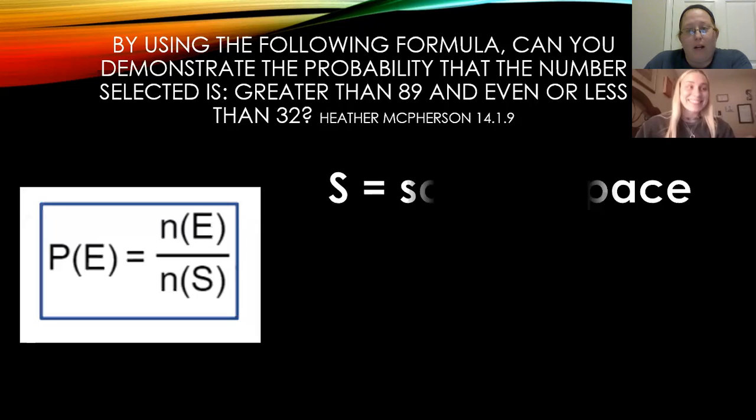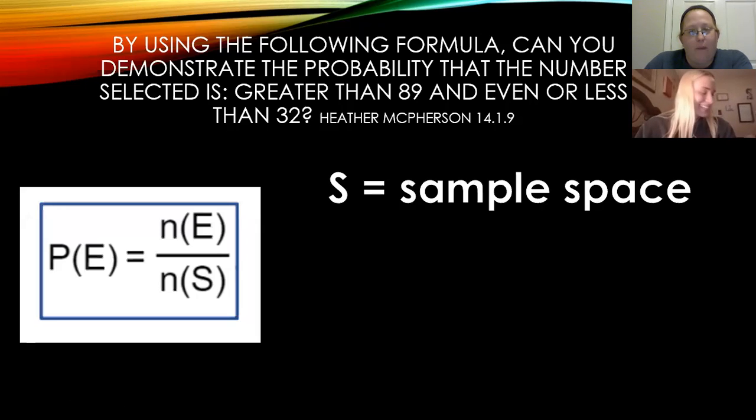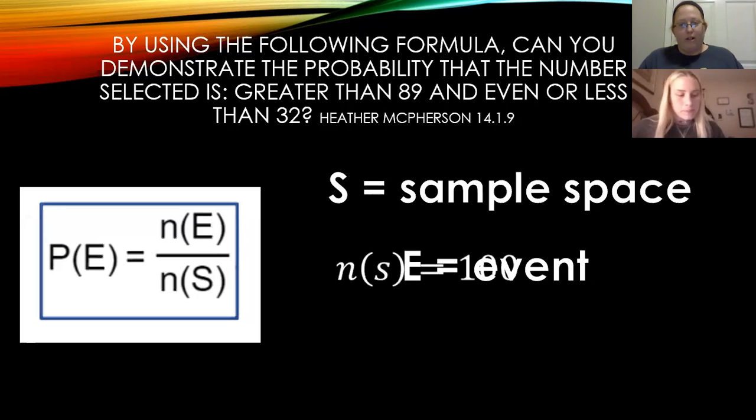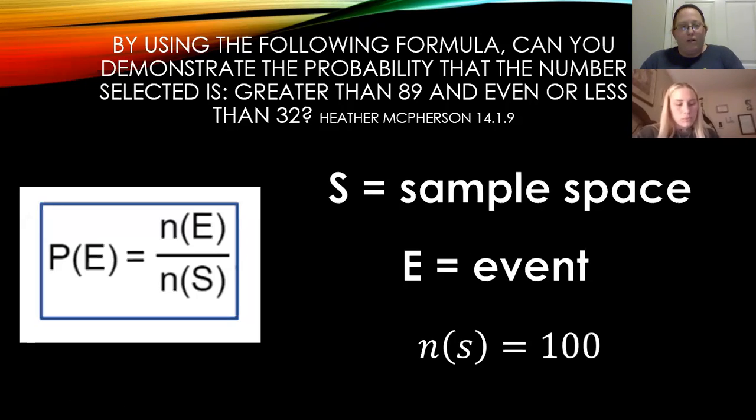S is your sample space. It's all the numbers included in the whole question. And E is the event. So your sample space in the following problems is always going to be 100 for this example. Anywhere you see N(S), you just plug in 100. And then your event changes depending on what you're looking at.